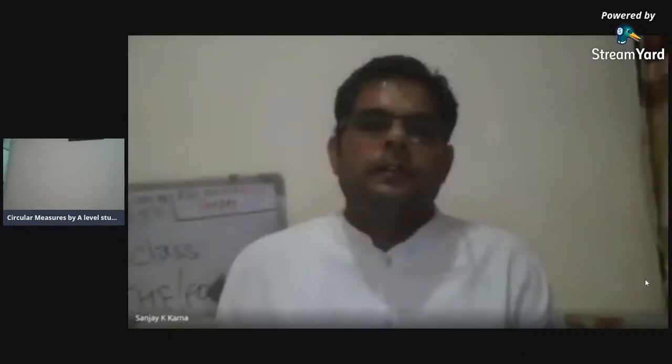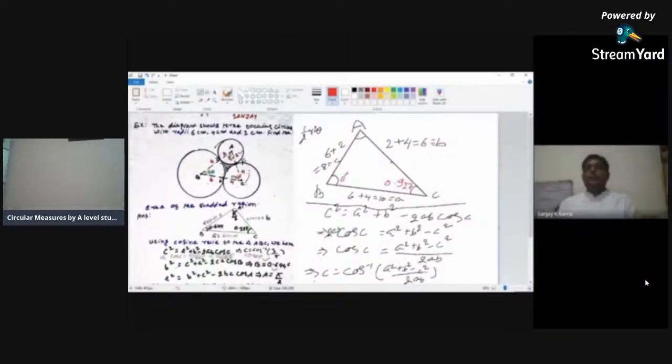Always note that whenever you get the value of theta or any angle in circular measure, unless otherwise stated, these values should be in radian, not in degrees. And similarly, we have got the value of this angle as 90 degrees, that is pi by 2 radian.